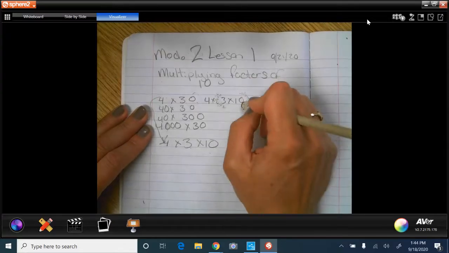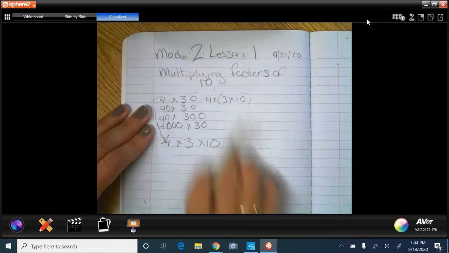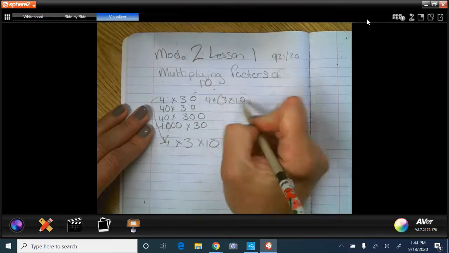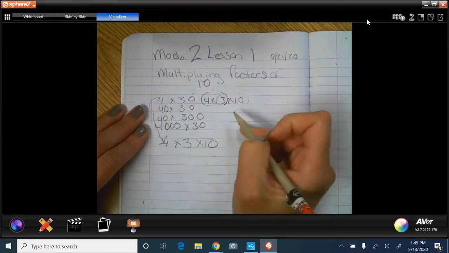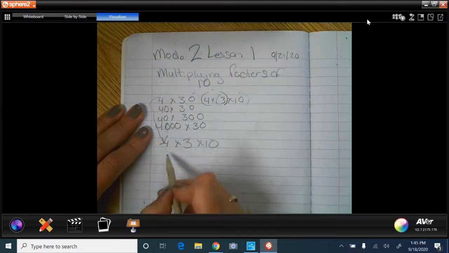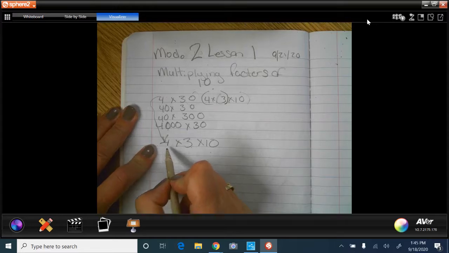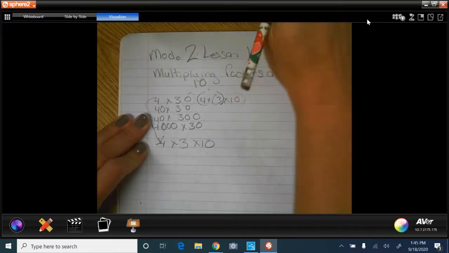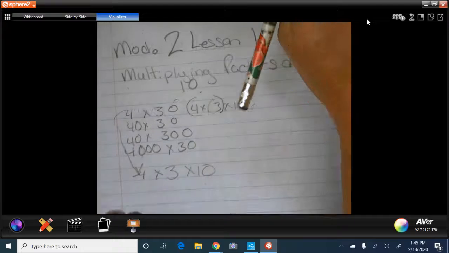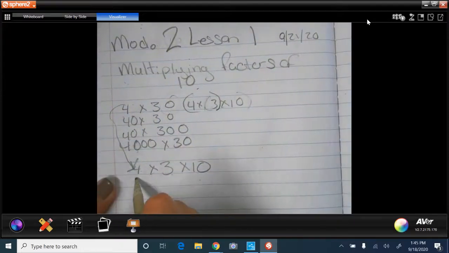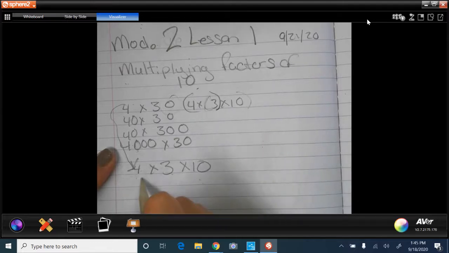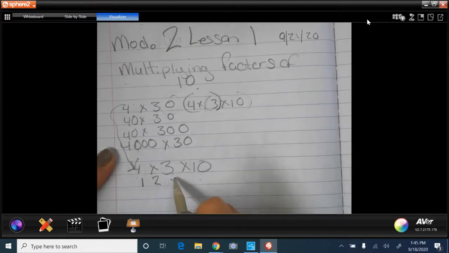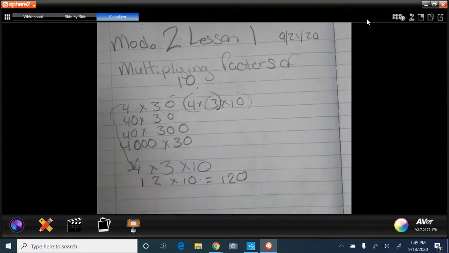And if you see how when I take the parentheses out, then I can move them. It's easier for me to do 4 times 3 and then do it times 10. So it's pretty easy in my head for me to figure out 4 times 3 by just looking at my multiplication chart or counting by 4s. 4, 8, 12. 4 times 3 is 12. And then I'm left with 12 times 10, which is 120.